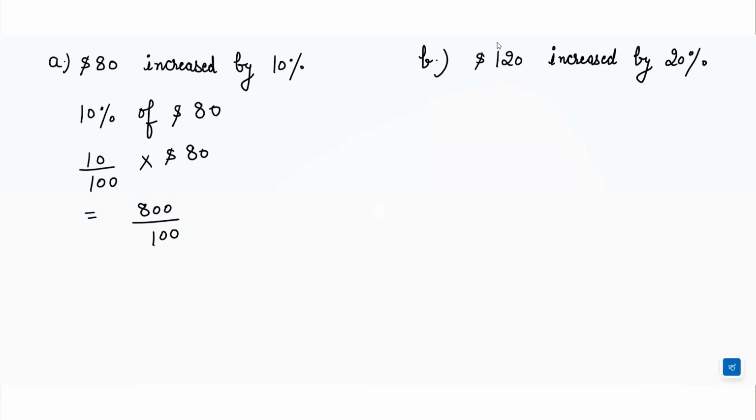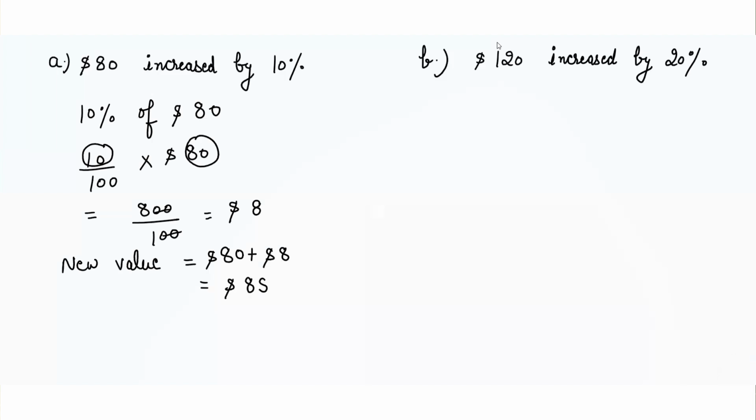We can multiply this 10 with 80 to get 800. And you can just cancel the zeros and you will finally get $8. So the new value will be, since the question is about increase, that means we have to add it to $80. So 80 plus $8, which is equal to $88.